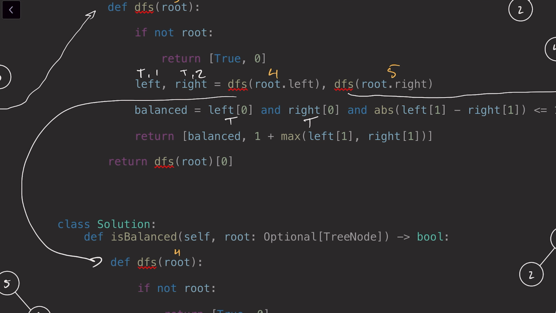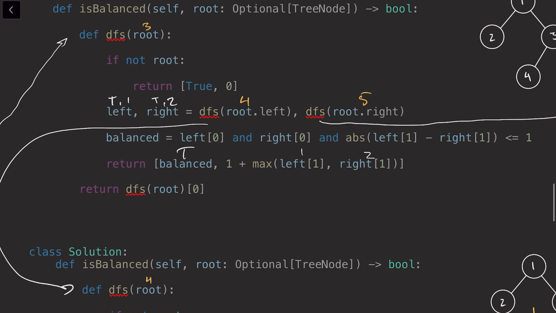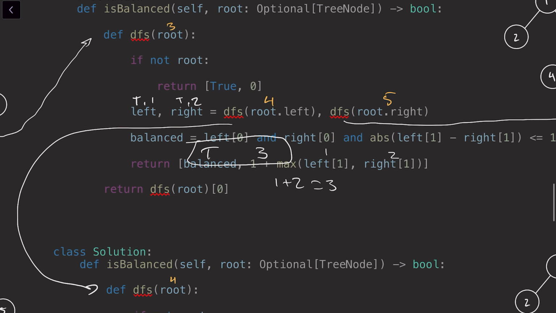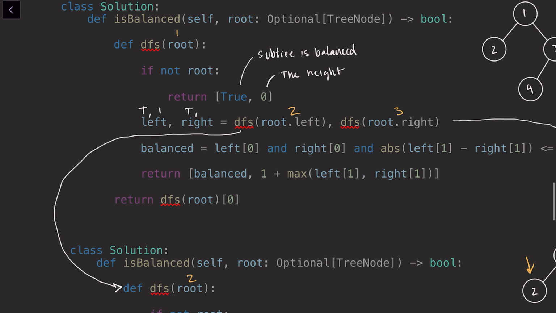So this will evaluate to true again, and we will be returning true for balanced, and for the left and the right we will have 1 and 2. 2 is bigger, so 1 plus 2 is 3. Now we will return true and 3.